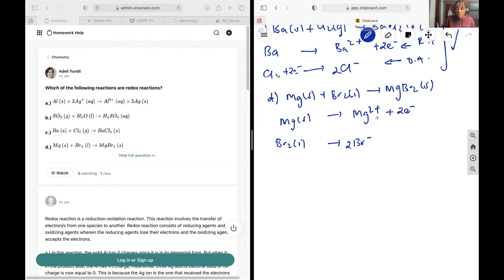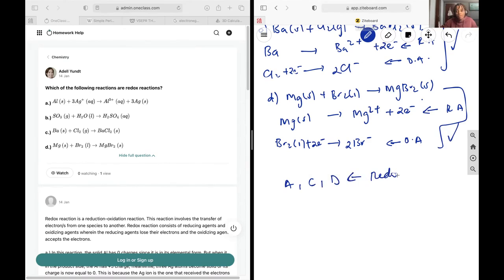So I have 0, 0 on both sides. And here I have 0, minus 2. And so I'll add 2 electrons here. Based off of this, I can see that the magnesium lost electrons, so it was my reducing agent, and the bromine gained electrons, so it was my oxidizing agent, which means that this also qualifies. And so A, C, and D are all going to be redox reactions.